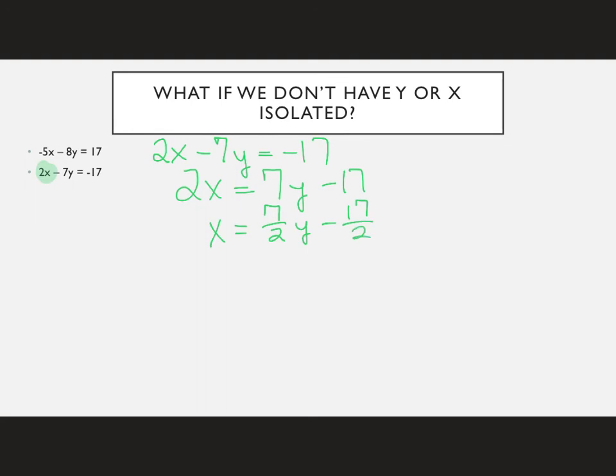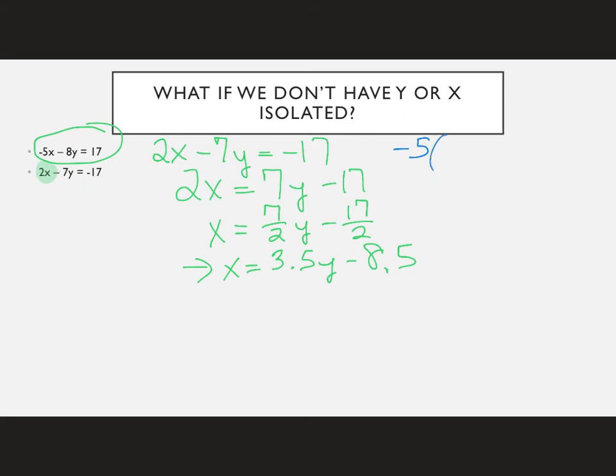If you want, you could also write it as x equals 3.5y minus 8.5. Either of those is fine, okay? So that's just my first step. I've got my x isolated. Now I'm going to put that value for x into here. So I have, put it over here to the right, negative 5 times my x value.